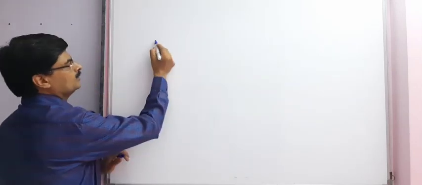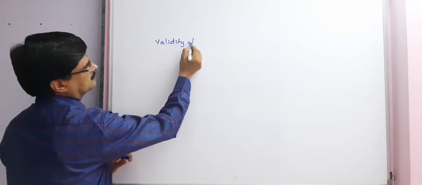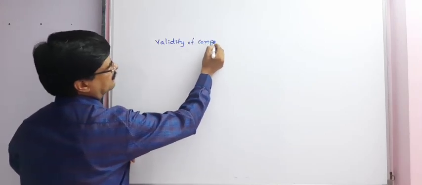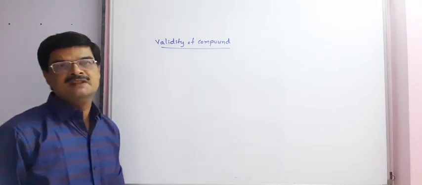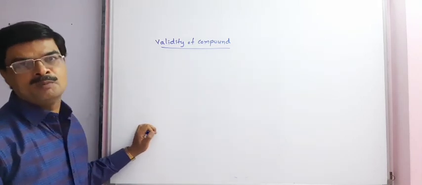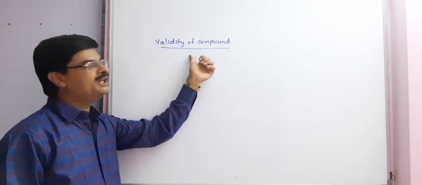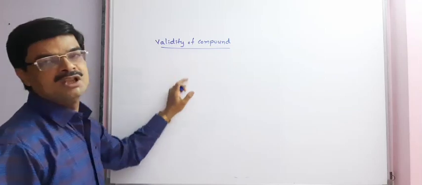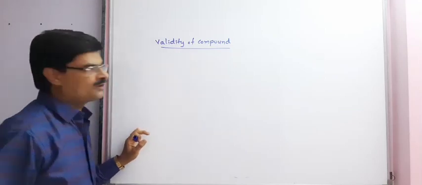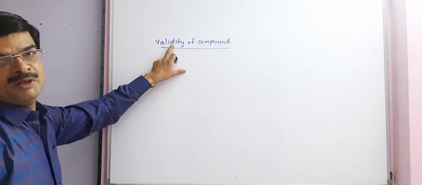Validity of compound can also be understood easily by using the knowledge of oxidation number, or we can also say that molecular formula can also be found out by using the knowledge of oxidation number. How do we understand validity of compound?